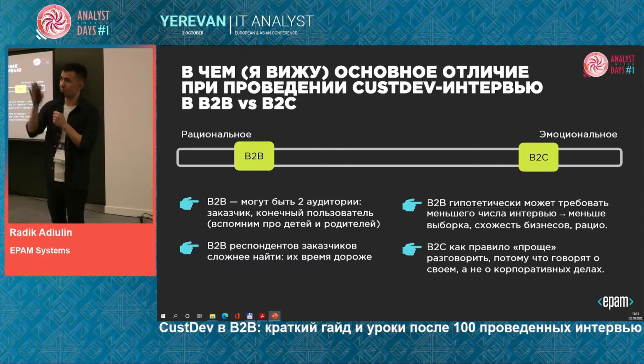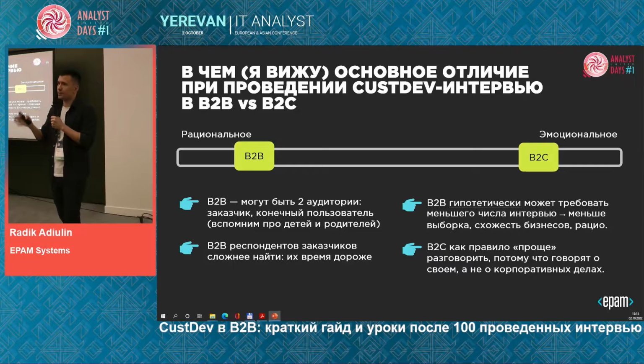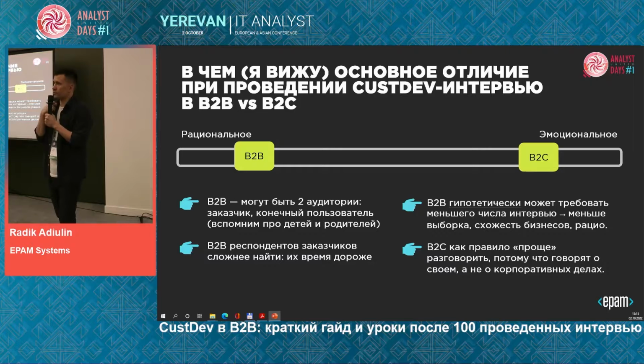Usually the clients focus on the rational elements, the money or KPIs, because B2B clients usually have CFOs, logistics officers, and so on. And B2C research mostly involves the emotional part, diluted, of course, by the rational part, but still it's about emotion. So it cannot be 100% pure on the left and on the right, but still.